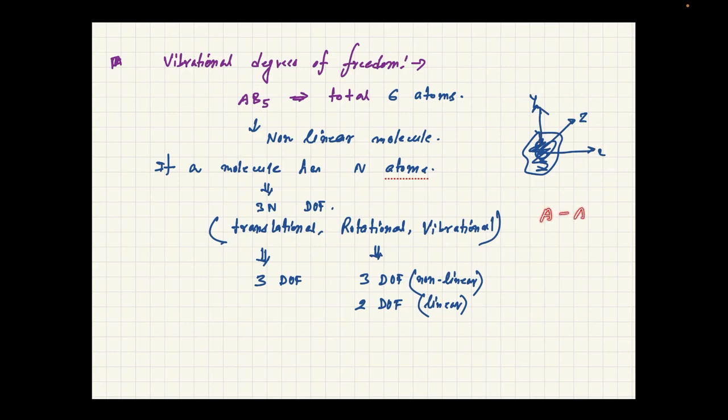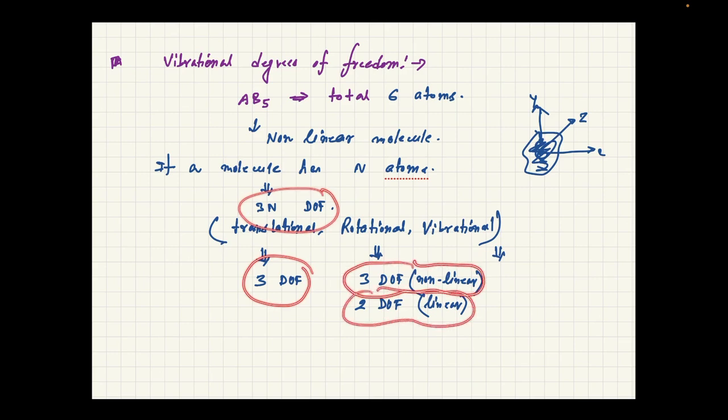But if it is a linear molecule, then along the molecular axis there will not be any rotation, right? Because if you rotate, the molecule will be indistinguishable. So the independent rotational degrees of freedom will be 2. The rest will be vibrational degrees of freedom. Out of these 3n degrees of freedom, 3 will be translational, 3 will be rotational for non-linear, and 2 will be rotational for a linear molecule.